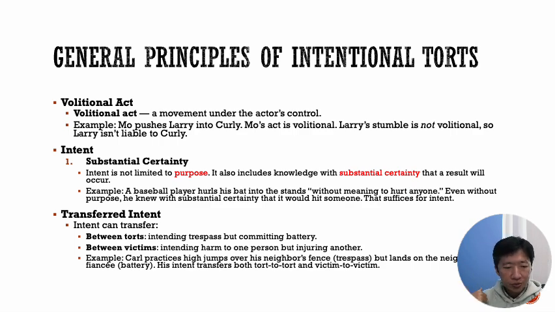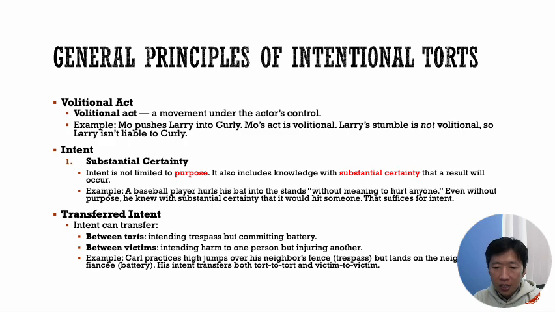Here will be the example. Carl practices high jumps over his neighbor's fence. This is a trespass because he has the volitional act and also he has the intent. But the intent is for trespass. However, accidentally, because of the trespassing, he hit the fiancé.